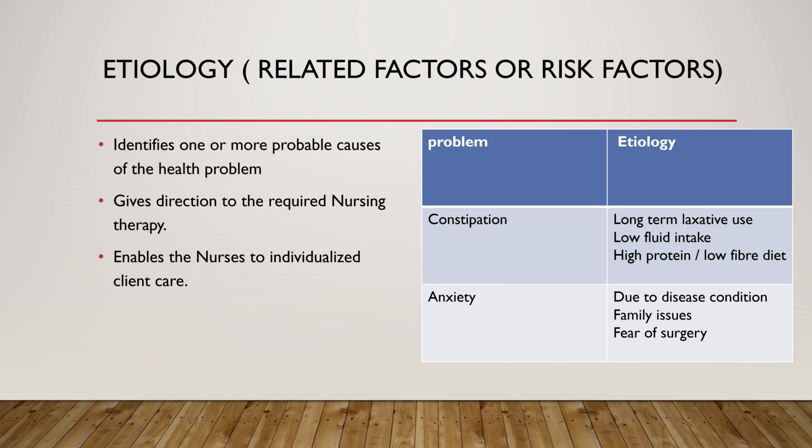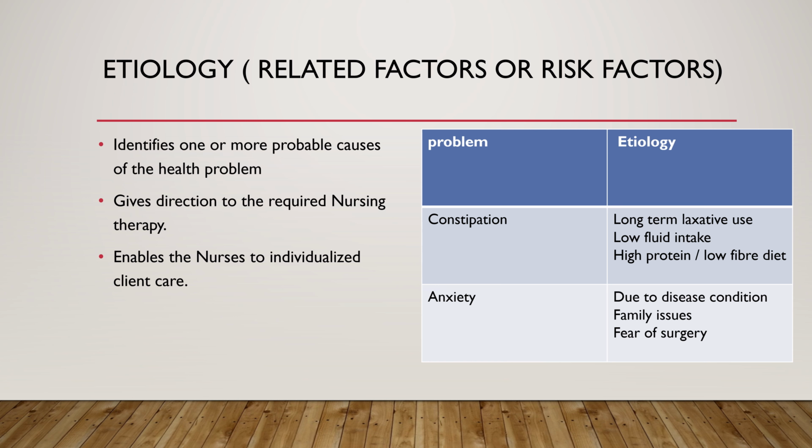One patient has constipation because of long-term laxative use. Another has constipation due to low fluid intake. And a third has constipation because of a high protein, or low fiber, diet.